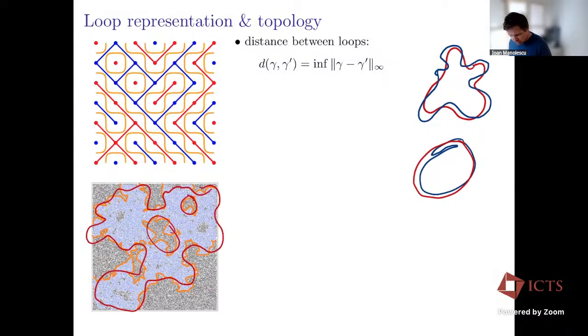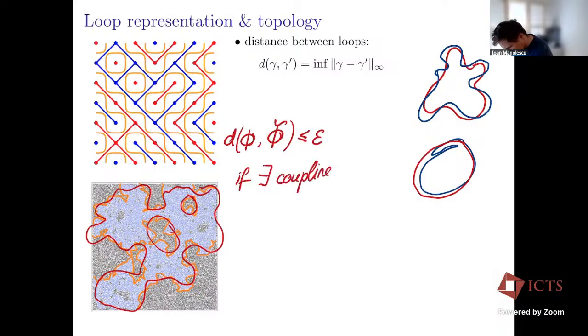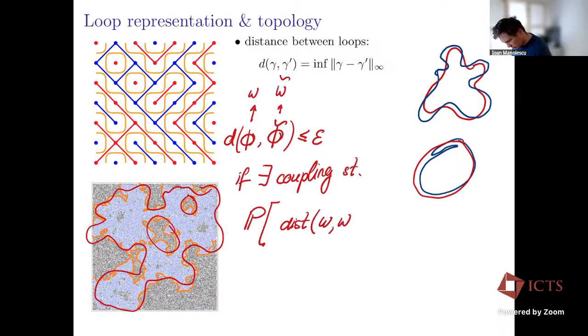And you say two measures that produce families of loops are close to each other, so phi distance of phi tilde is smaller than epsilon, if there exists a coupling such that the probability that the distance between the family of loops obtained from phi, let's call this omega, and omega tilde is smaller than epsilon, is larger than 1 minus epsilon.